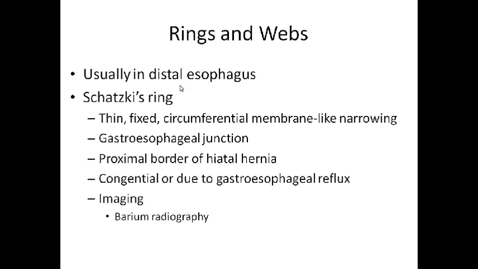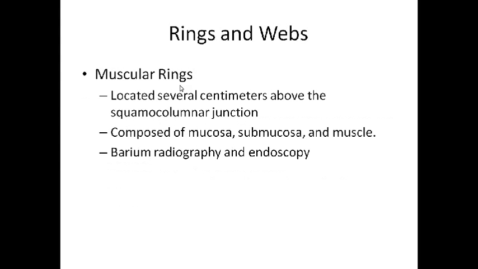Congenital, it can be genetic. A lot of these conditions are due to anatomy deficiencies, or it can be due to some weakening of the anatomy due to GERD. Again, this is more of a structural problem, and barium radiography would be the appropriate imaging to be ordered.